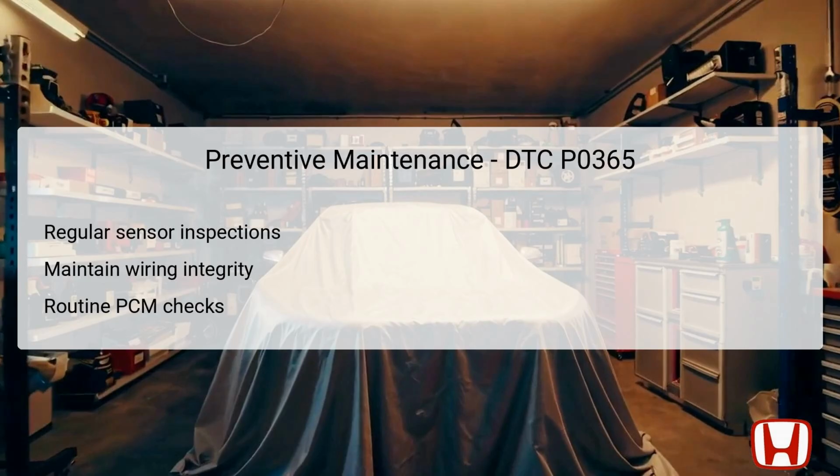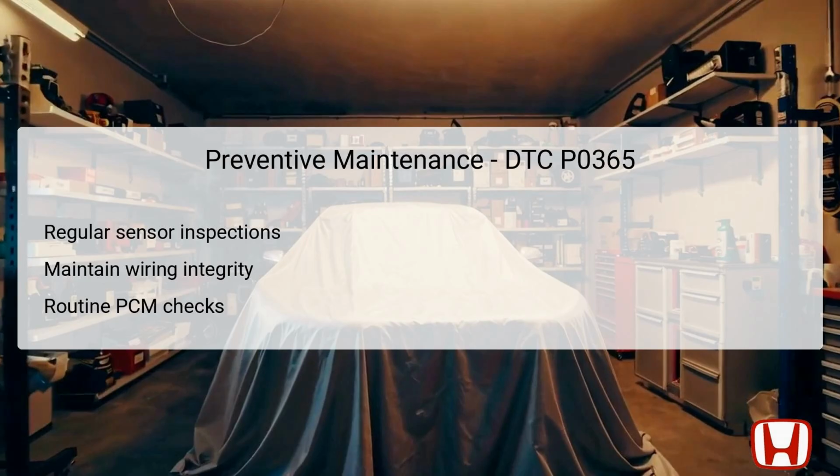To prevent future occurrences of DTC P0365, regular maintenance practices are essential. Begin with periodic inspections of the CMP sensors and their wiring to ensure no physical damage or wear occurs. Keeping the wiring harnesses intact and free from corrosion or cuts assists in maintaining connectivity.